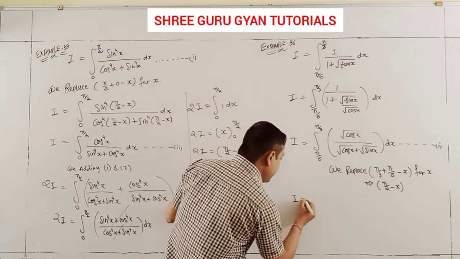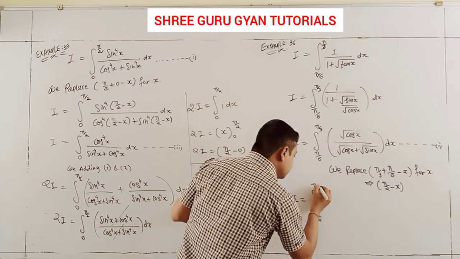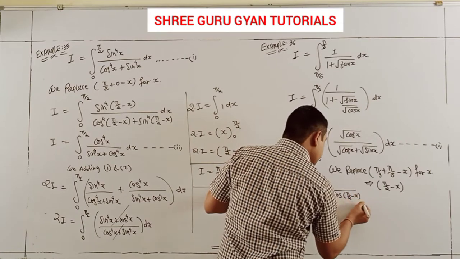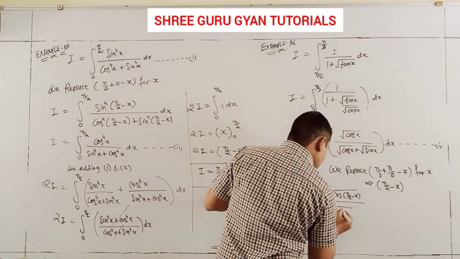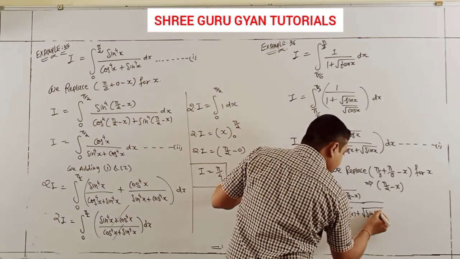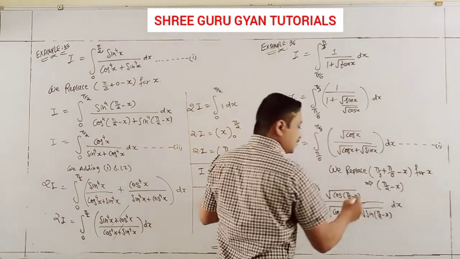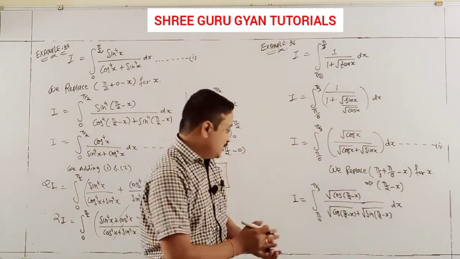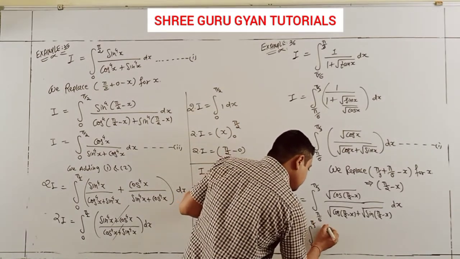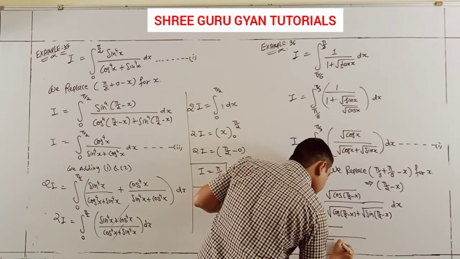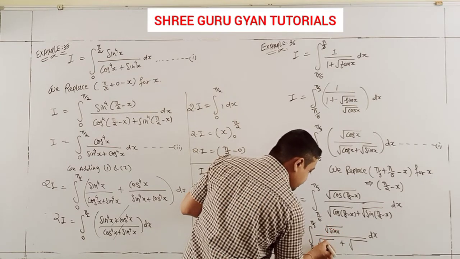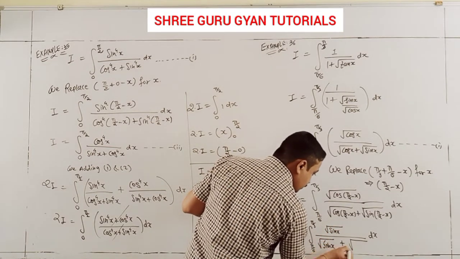So what you get, I is pi by 6 to pi by 3, root sin x over root sin x plus root cos x dx. Actually, if you convert using 90 minus, you can get here, students, pi by 6 to pi by 3, the two values, one kind of sin x, cos x, here also sin x, and here cos x.